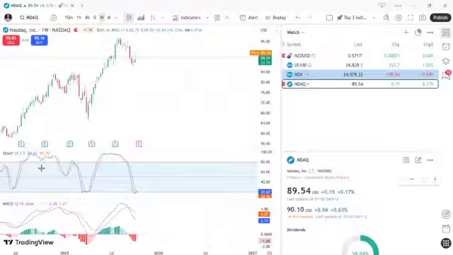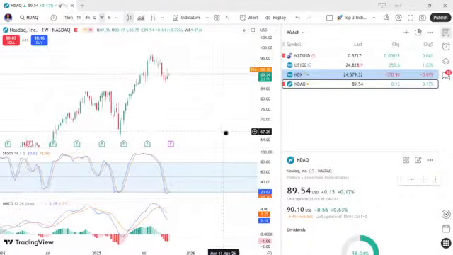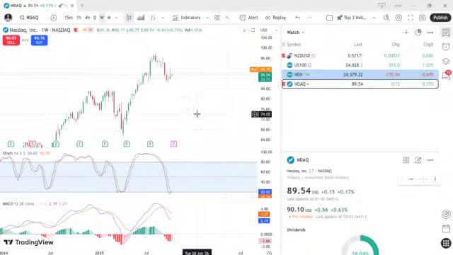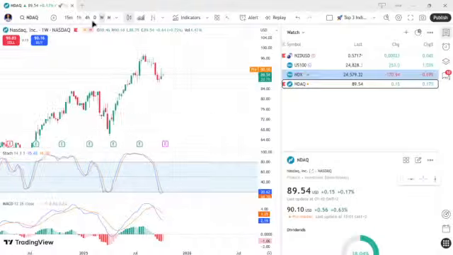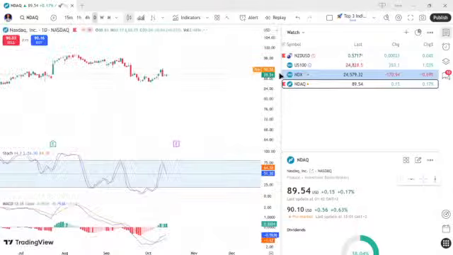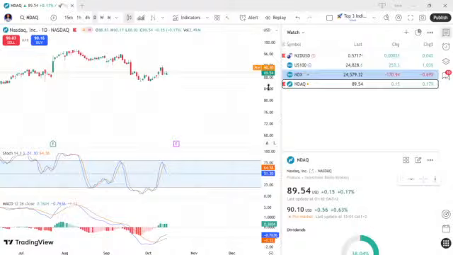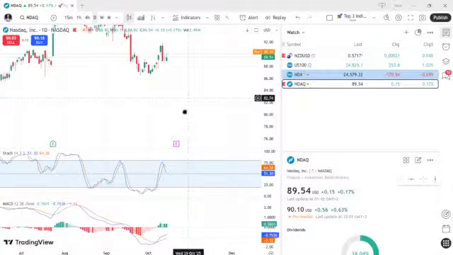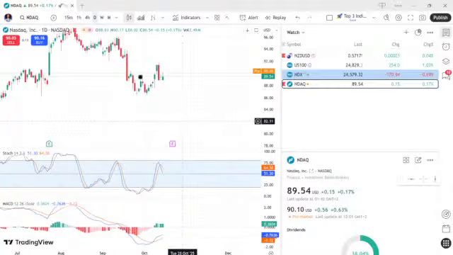Now pre-market is very important, and as you can see, what's important about this pre-market, if we come down to the daily chart pattern, you will notice that the pre-market hours are above the last bar.